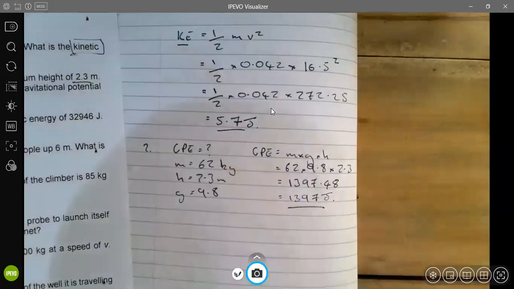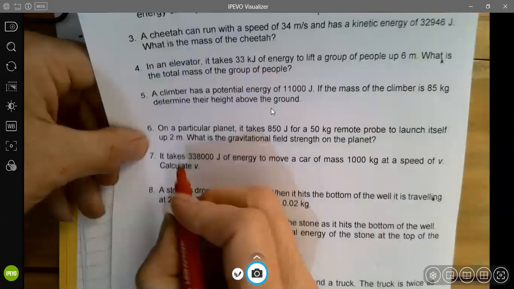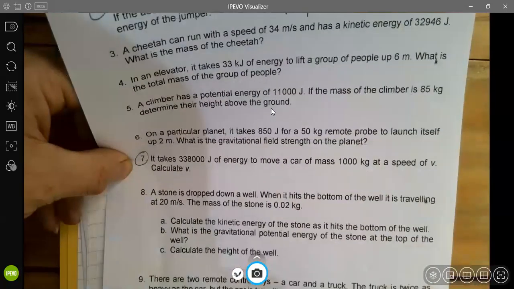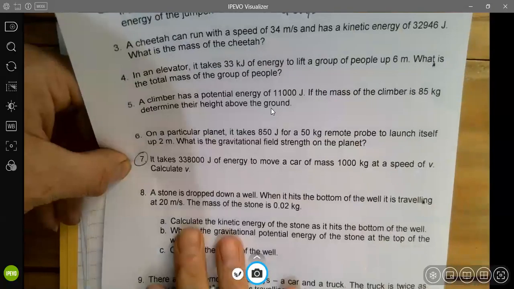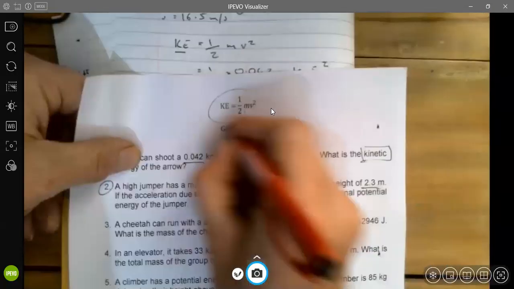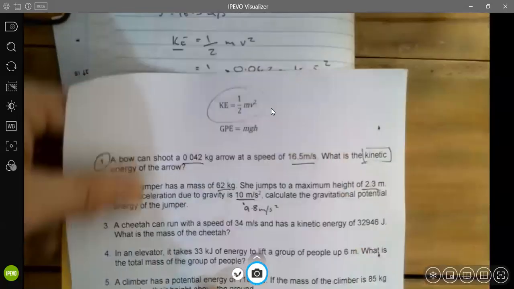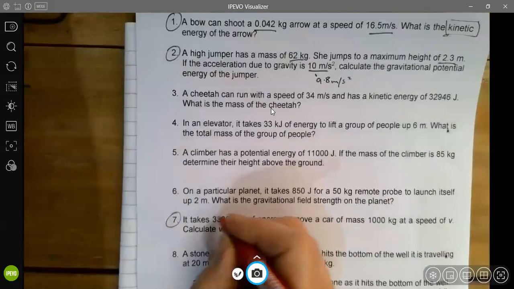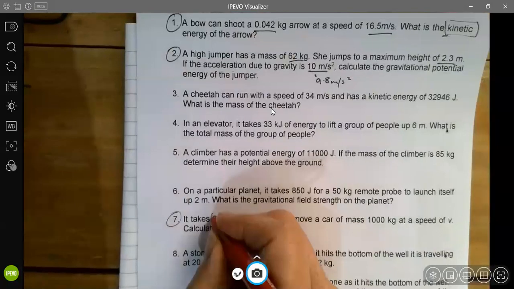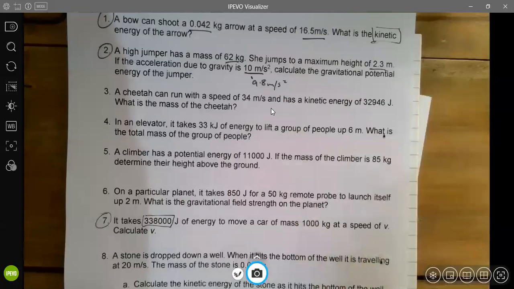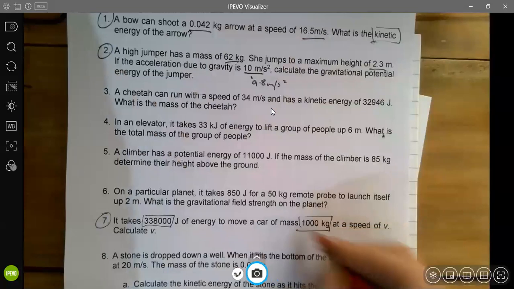Right, I'm just going to do number 7, because I know some of you might struggle with rearranging the kinetic energy formula. Number 7: it takes 33,800 joules of energy to move a car of mass 1,000 kilograms at a speed of v.